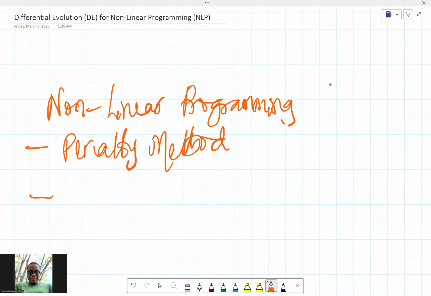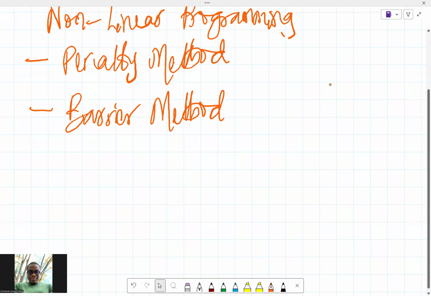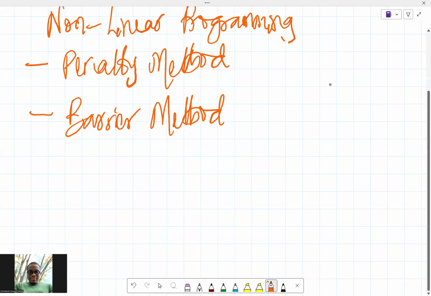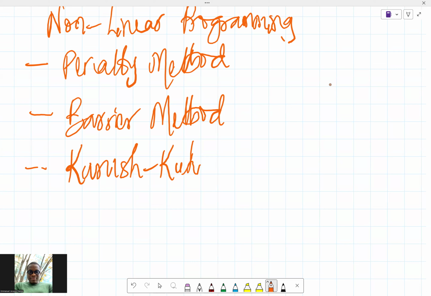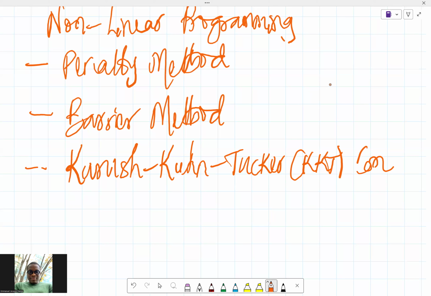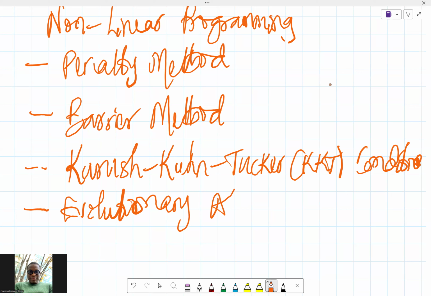We also saw the barrier method. Then we looked at the generalization of Lagrange multiplier, which leads to the Karush-Kuhn-Tucker or KKT conditions. And lastly, we are currently considering evolutionary algorithms.